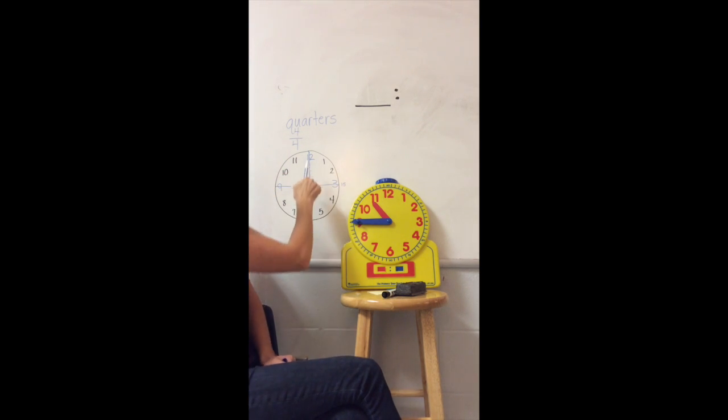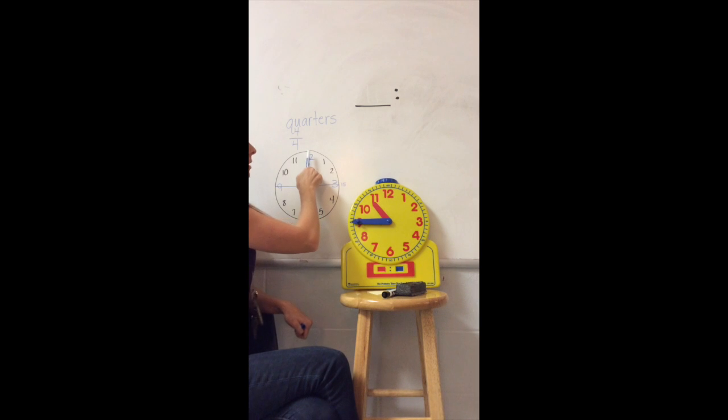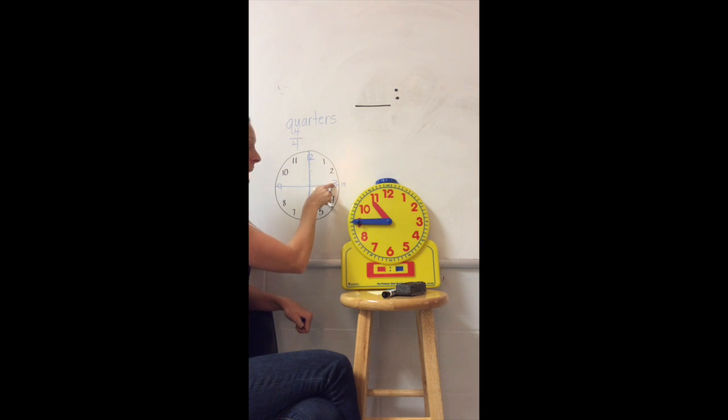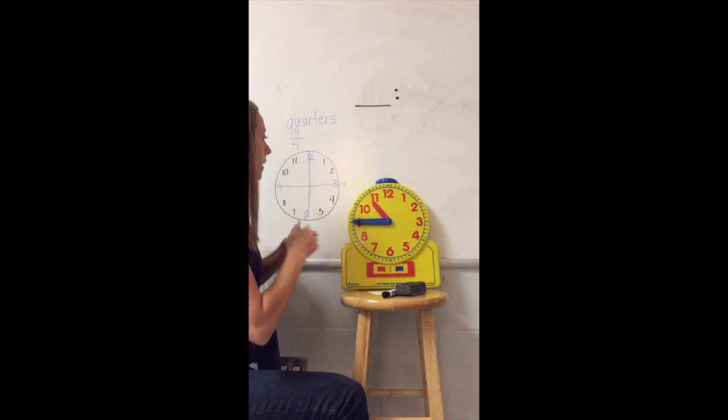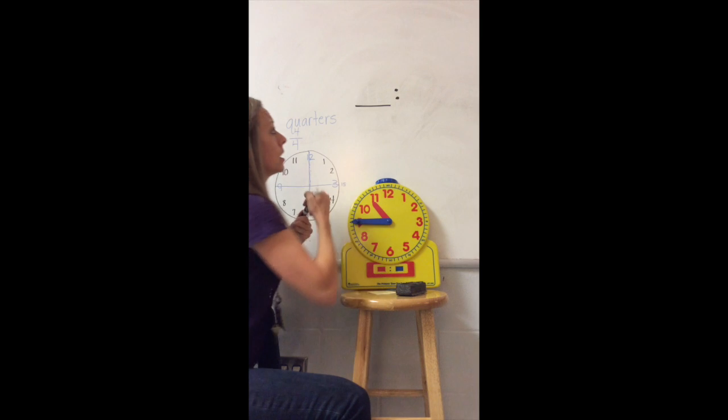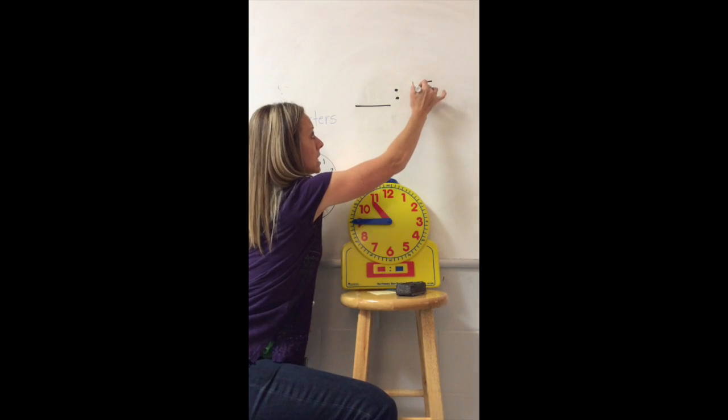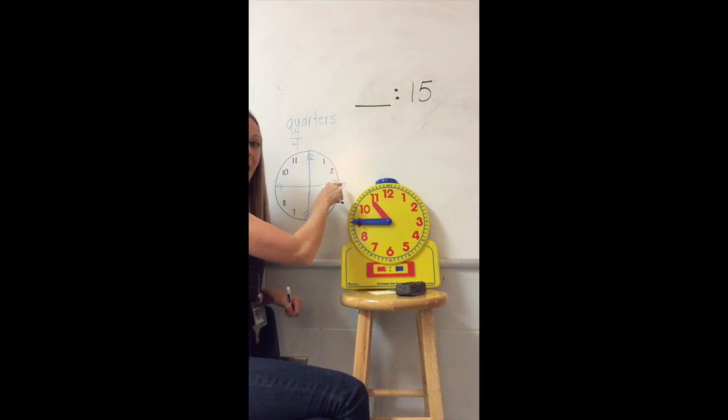Okay. So starting, we know that the clock starts up at the top at the 12. If I go 1 quarter past 12, I'm going to have 15 minutes. So when I look at that hour, I'm going to put the hour, and it's 15 minutes past the hour.